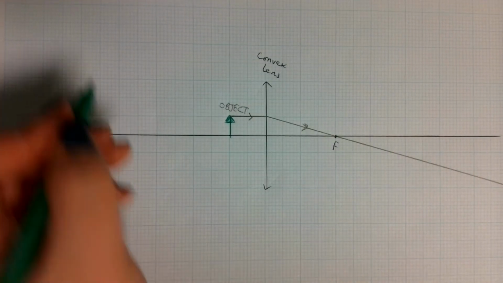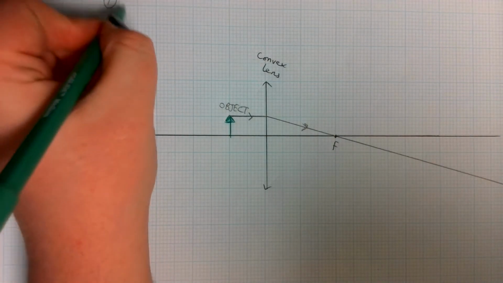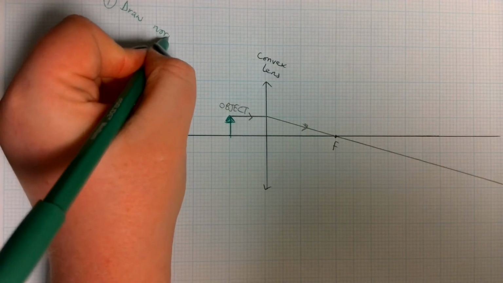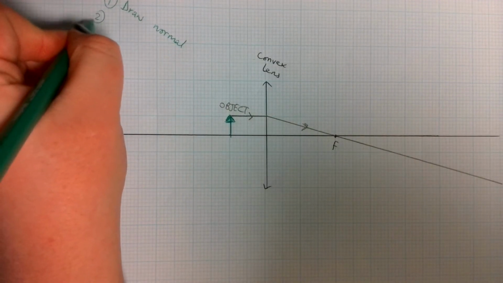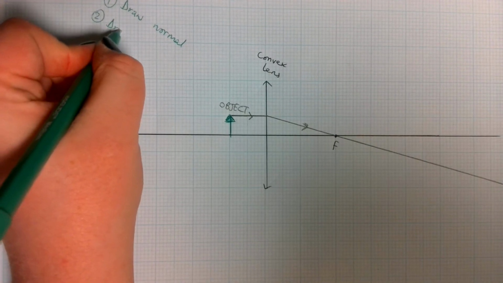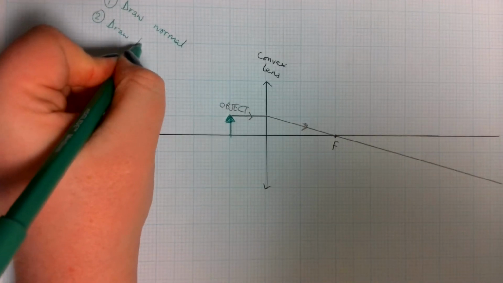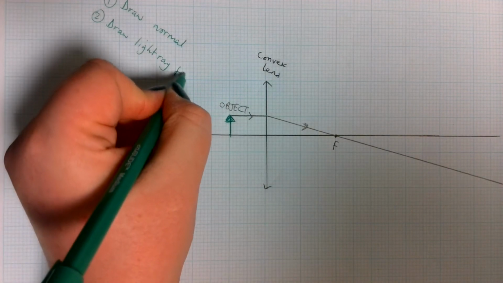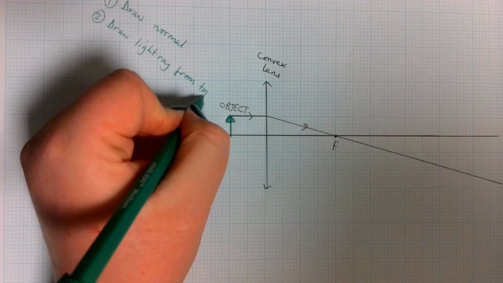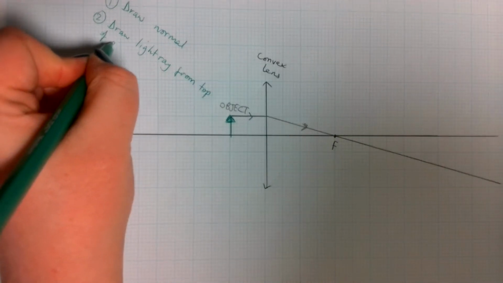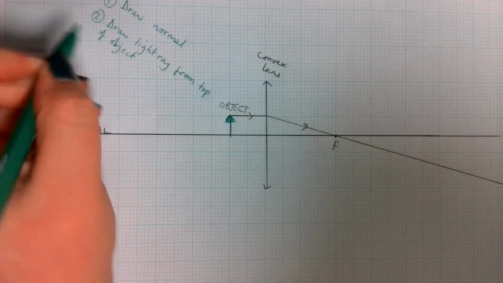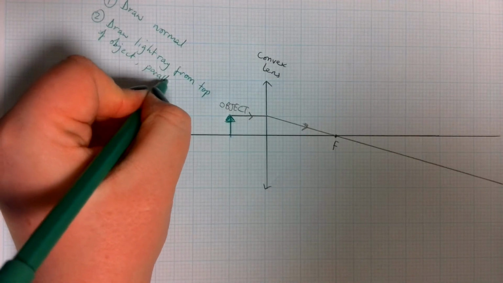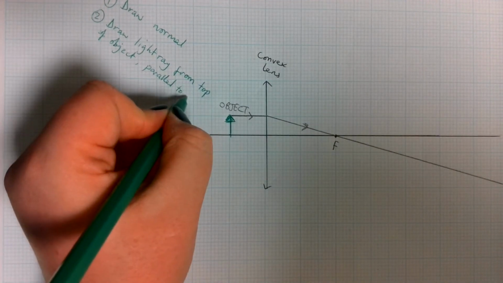Okay, so the first thing to do, we've drawn the normal, and then number 2, we've drawn the first light ray from the top of the object parallel to the normal.